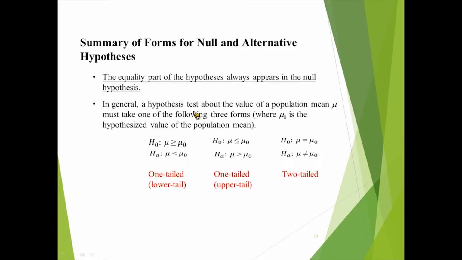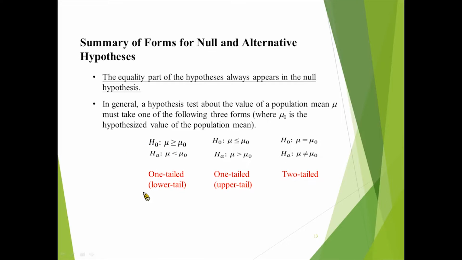Okay, in general, hypothesis tests about the value of a population mean mu must take one of the following three forms, where mu 0 is the hypothesized value of the population mean. Okay, so you can see the first condition: H0, mu larger than or equal to mu 0, and HA, mu less than mu 0.